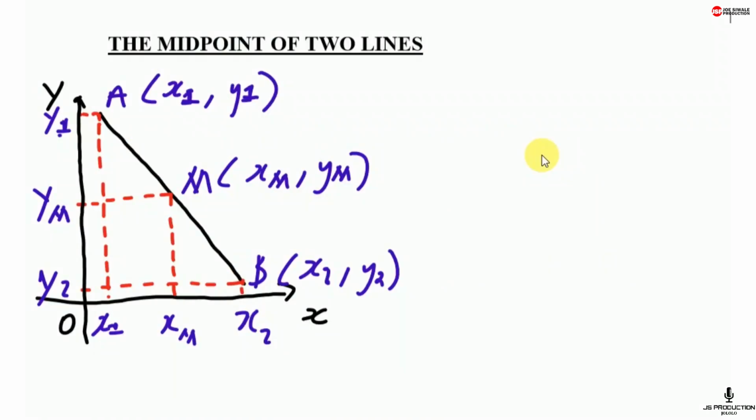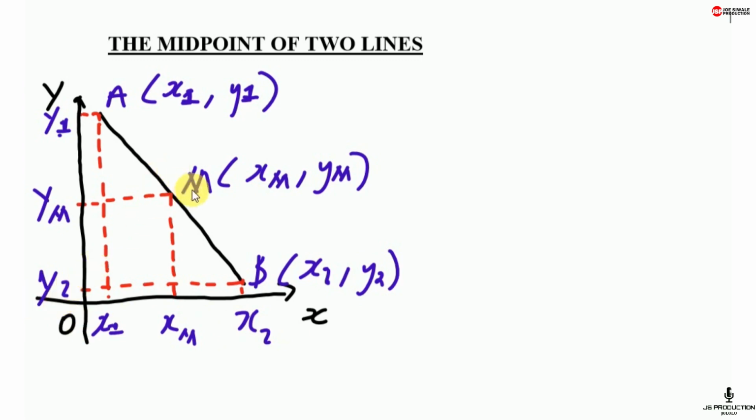As you can see, I've already drawn my Cartesian plane and have line AB, and point A there is having the coordinates x1, y1. As you can see, we have our x1 there and our y1 there. Then point B is on coordinates x2, y2. As you can see, I have x2 and y2.